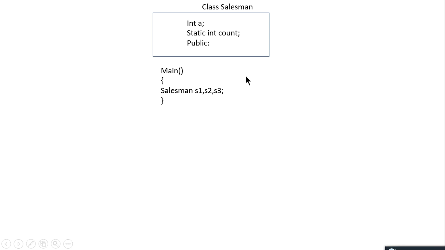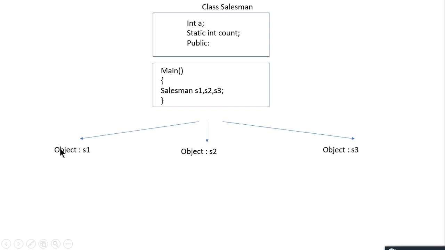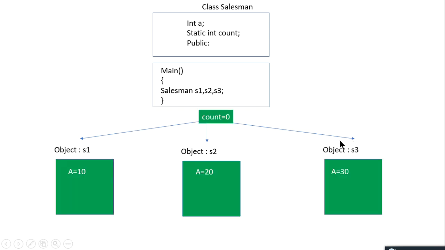Now when you create the objects of Salesman, S1, S2, S3, three objects will be created, and they will have an independent copy of a, which can have different values like 10, 20 and 30. Since count is a static variable, irrespective of how many objects you create, only one copy of this variable will be created and shared by all the objects.